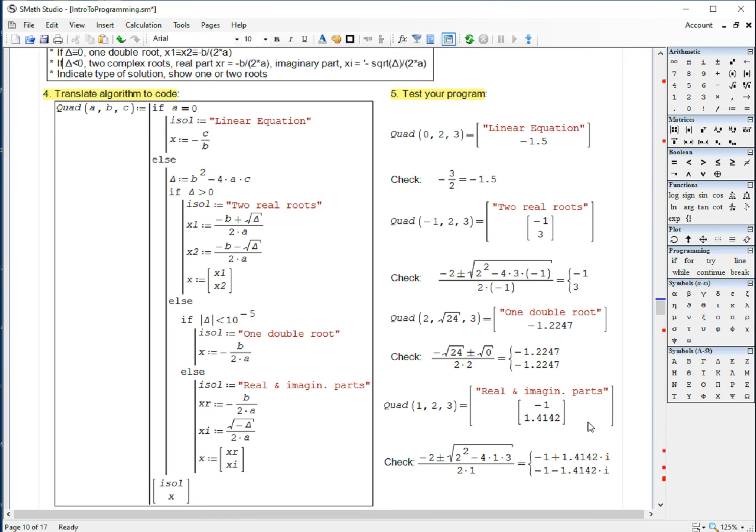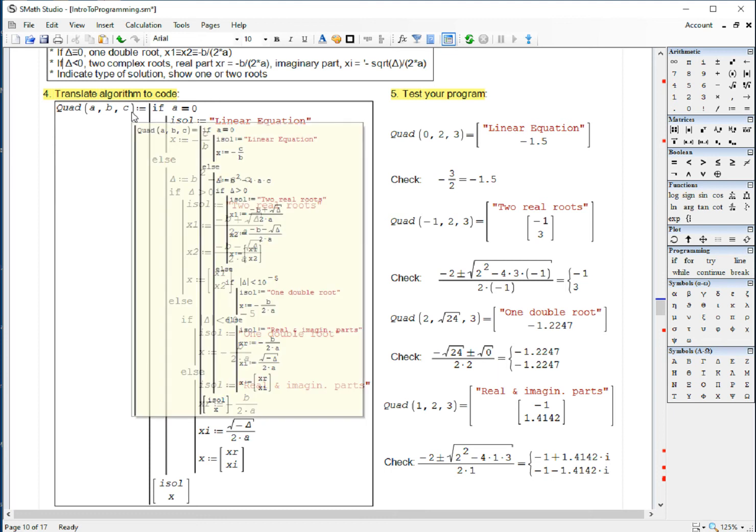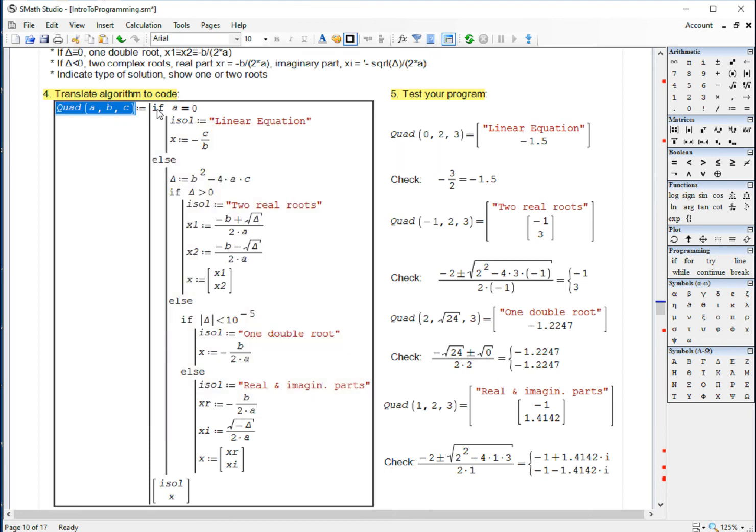And this is step number 4, where we have our function quad(a,b,c), and then we have an if right there. If a is equal to 0, we have a linear equation where x is equal to minus c over b. I have a variable called iSolve, which means i for an index, solve for the solution, and that will be equal to linear equation for this case.